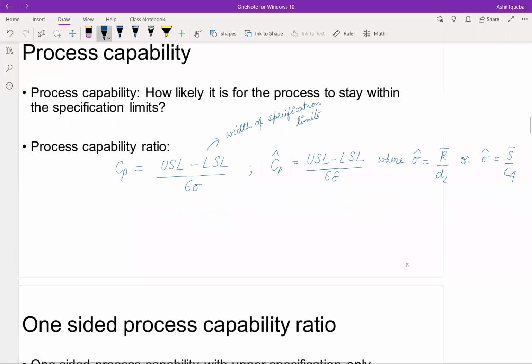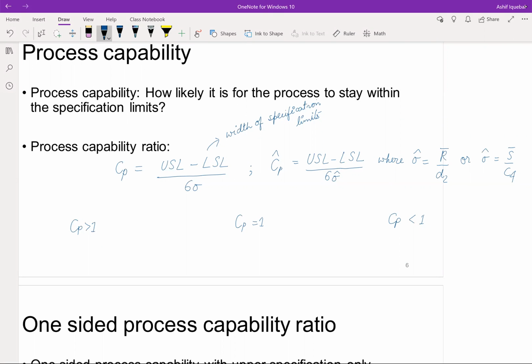So typically you can have 3 different possibilities for CP, right? CP can be greater than 1, CP can be equal to 1, or CP can be less than 1. When CP is greater than 1, that means your specification limits are outside your control limits, right?